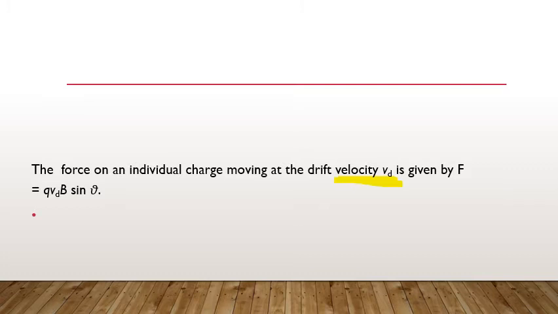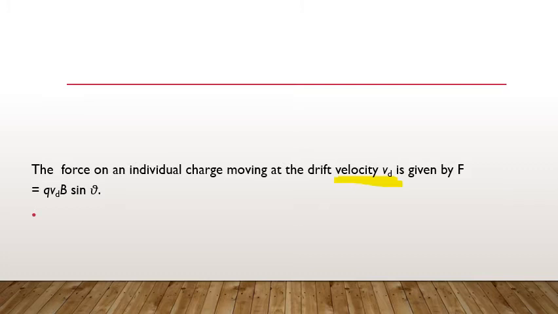But another is also there, that is called diffusion velocity, in which the charge moves from one place to another by concentration gradient. It means at one place the concentration is high, at another place the concentration is low, then the charge moves from higher concentration to low concentration, and the velocity is called diffusion velocity.